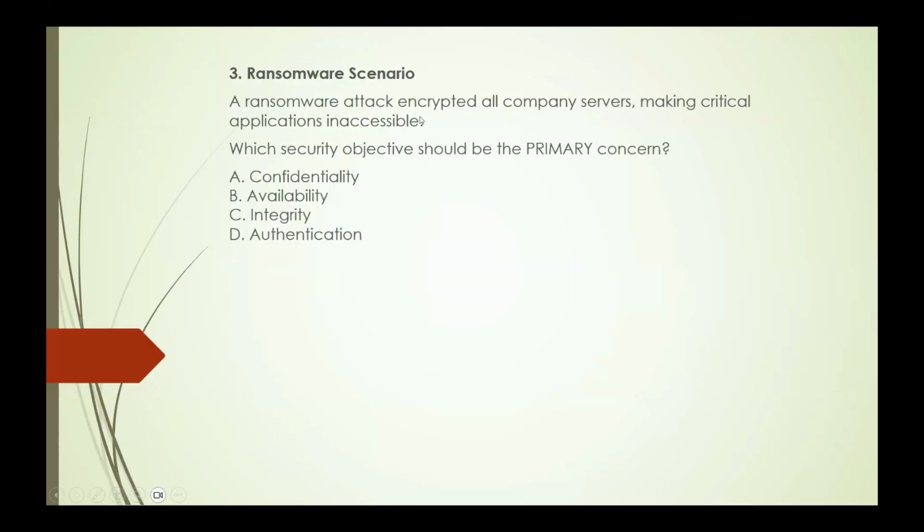A ransomware attack encrypted all company servers, making critical applications inaccessible. The applications are inaccessible here, which clearly speaks about availability. The service is no more available, and only when you pay the amount is the hacker going to release the services. So the answer is availability. Systems and data became unavailable to users because of the ransomware attack.